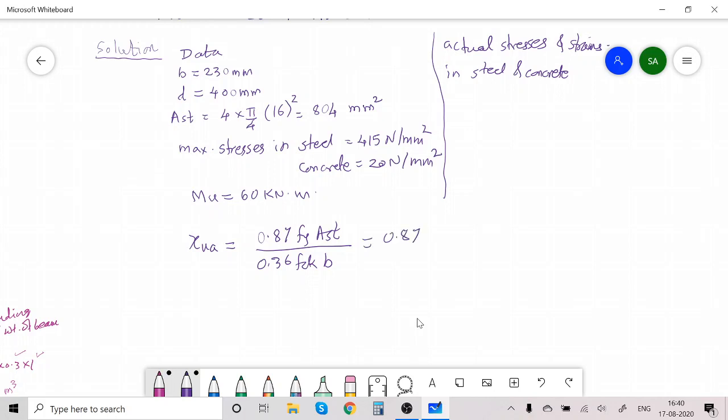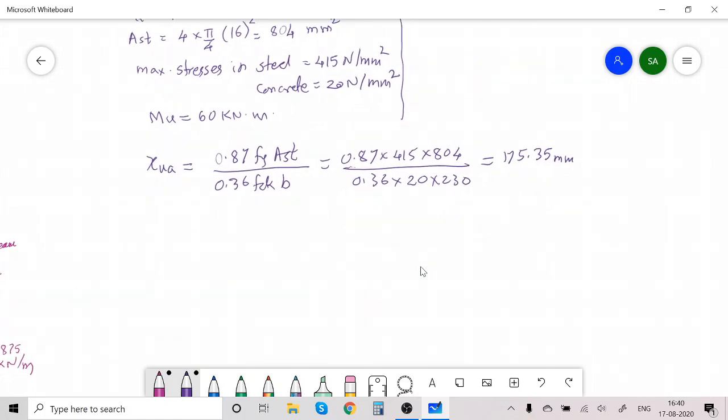Fy is 415. AST 804 divided by 0.36. FCK is 20. B is 230. So after calculation, XU actual is 175.35 mm.